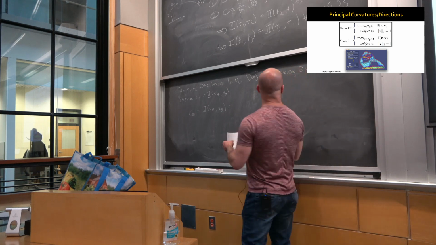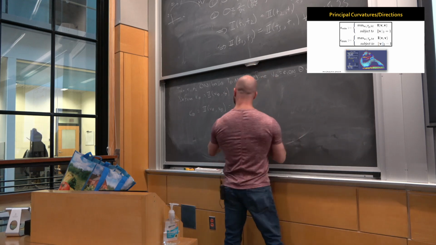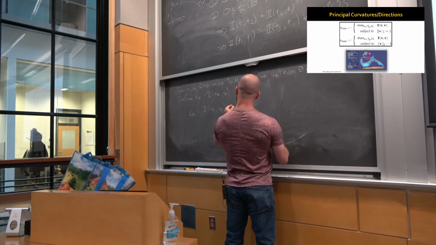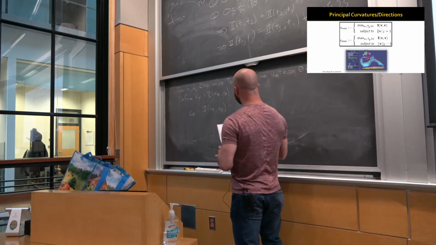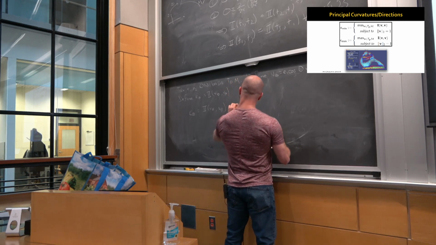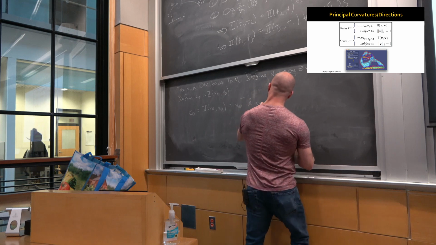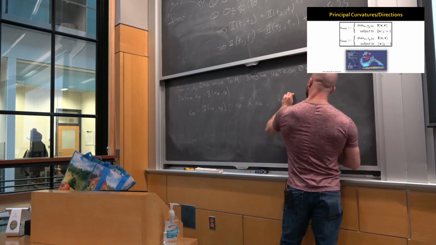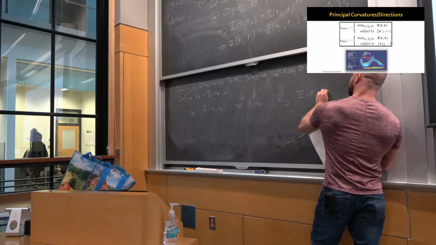Once we use bilinearity, we can think of it as v theta transpose times the matrix L times v theta, where Lij is equal to the second fundamental form evaluated at Ei, Ej.